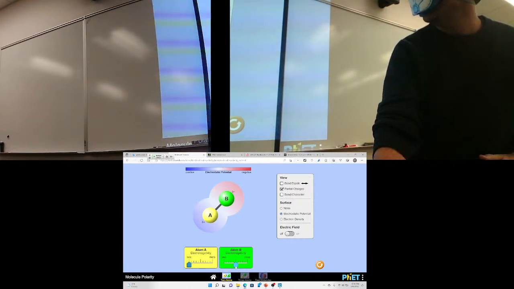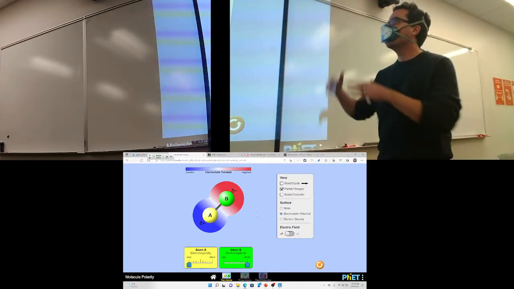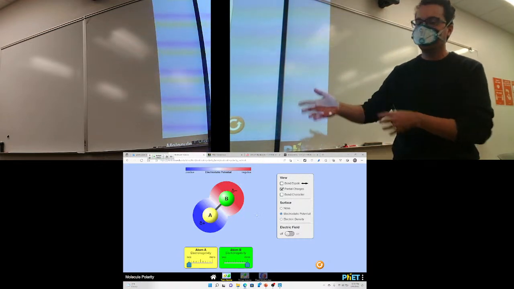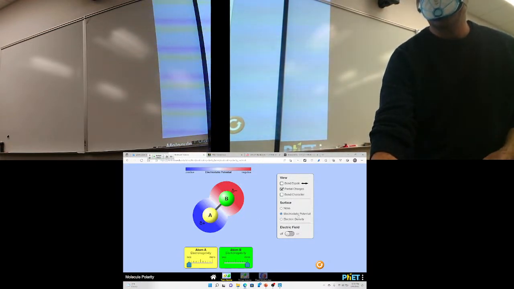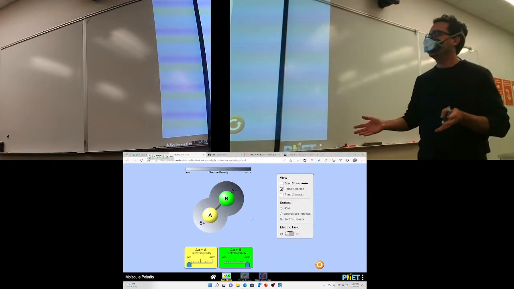You can see that if we make B bigger, the partial charges get a little bit stronger. We're also drawing in this electrostatic potential. The red shows where the electrons like to hang out more. Another way to look at it is the electron density map. The darker areas is where the electrons like to hang out more.